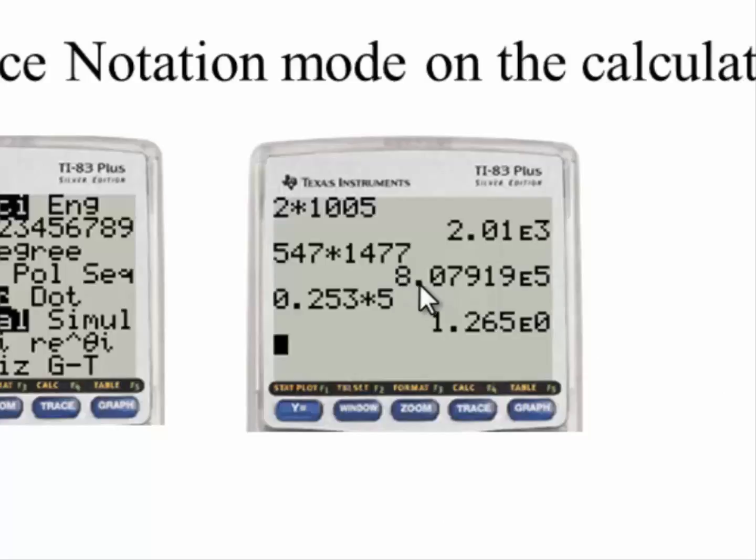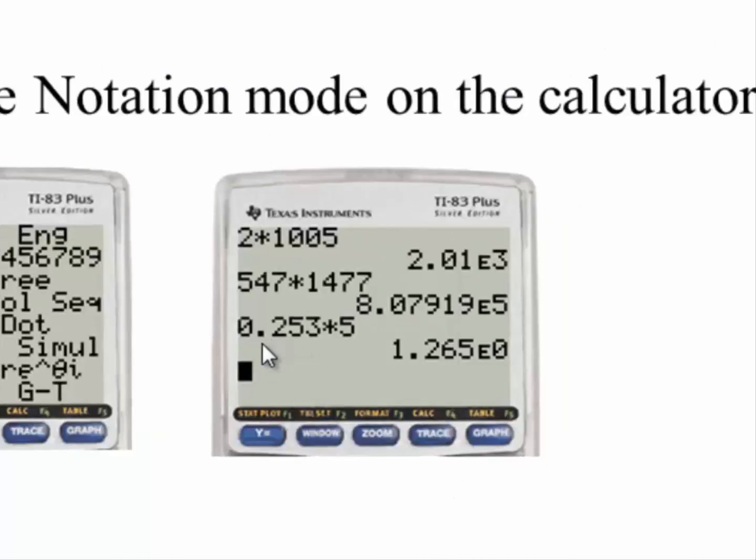The next one would be 8.07919 times 10 to the 5th power. And the last one, we have 0.253 times 5, which gives us an output of 1.265 E0, which means 1.265 times 10 to the 0 power. And 10 to the 0 power is 1, so the number is just 1.265.